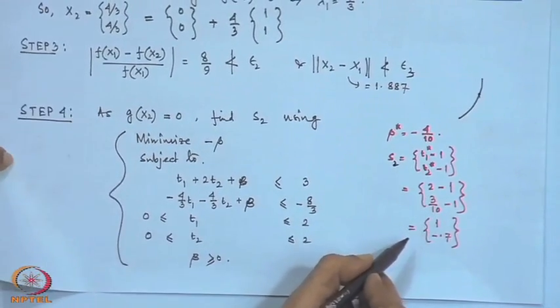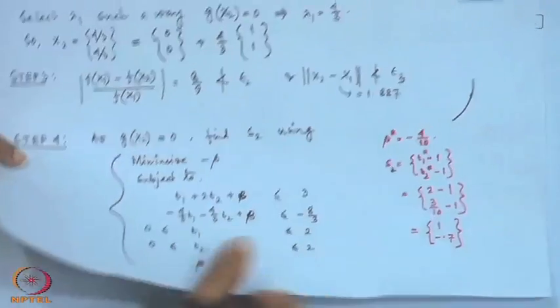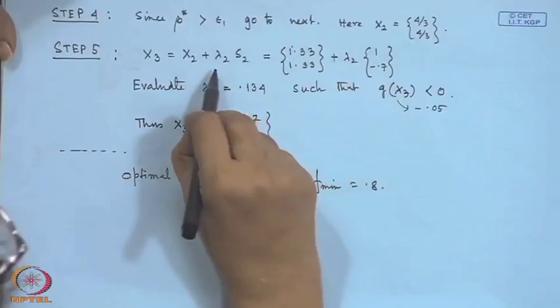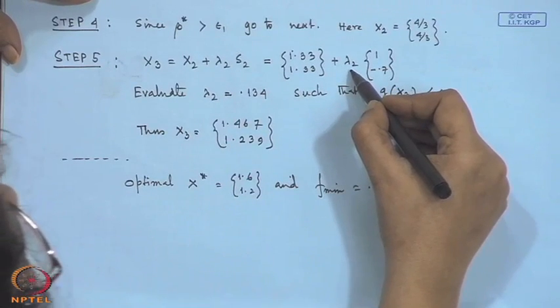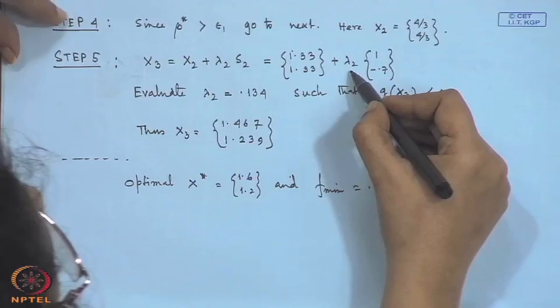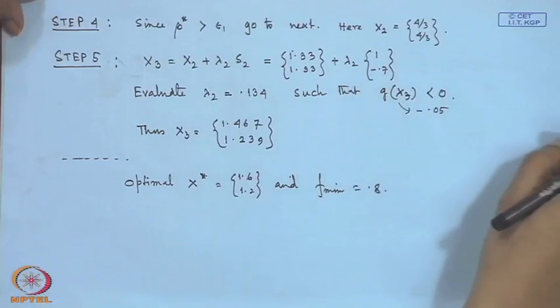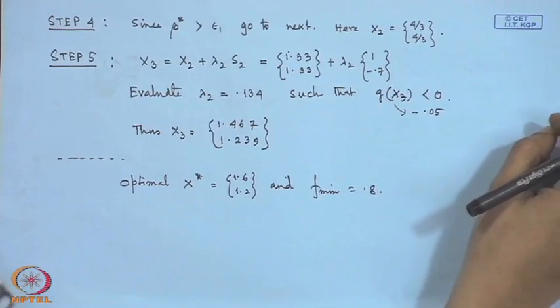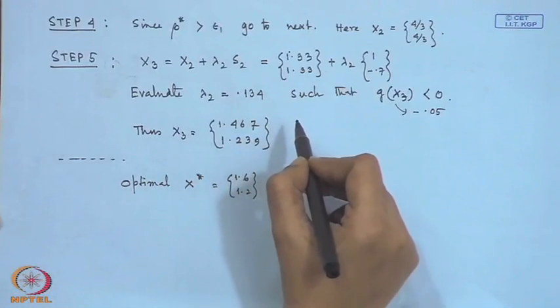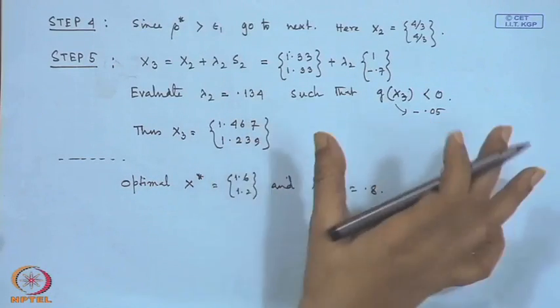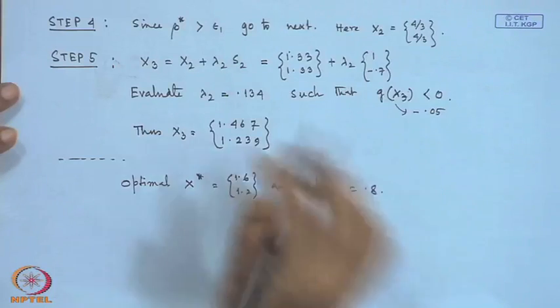Again the problem is still there, what should be the step length? That is why we have to adopt the next process, that is lambda 2. We have to find lambda 2 in such a way that I will remain within the feasible space. Not only that, we are selecting the descent direction, that is the usable direction. That is why we are selecting lambda 2 in a suitable manner, so that I remain within the usable direction.